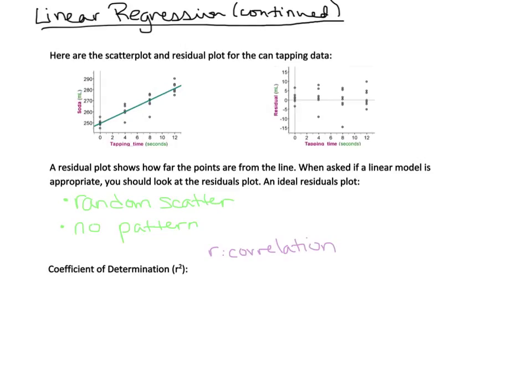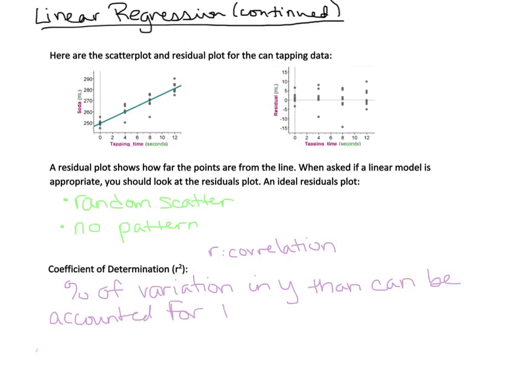The R squared is going to be the percent of the variation in whatever your Y is that can be accounted for by the regression line.